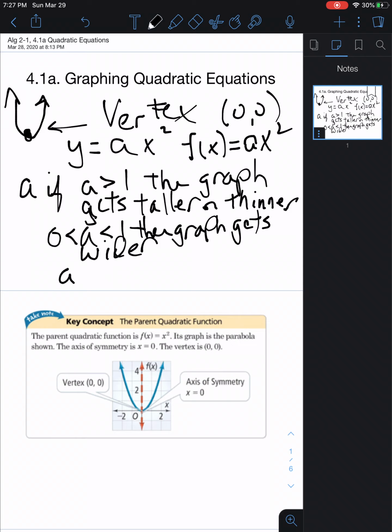And if a is less than 0, negative, the graph flips. It flips over the x-axis. It's now opening in a downward direction. Those are some things that we need to note about graphing quadratics this time around.